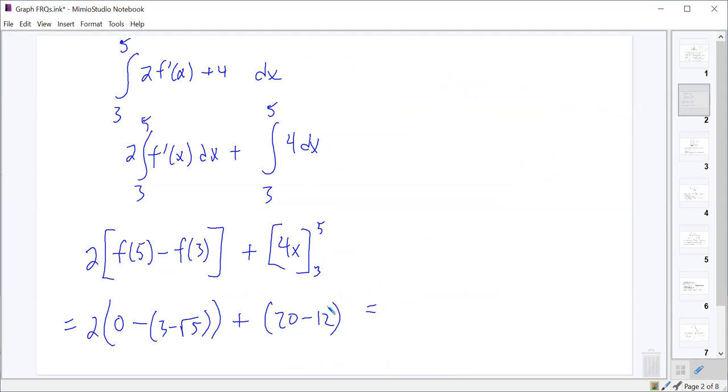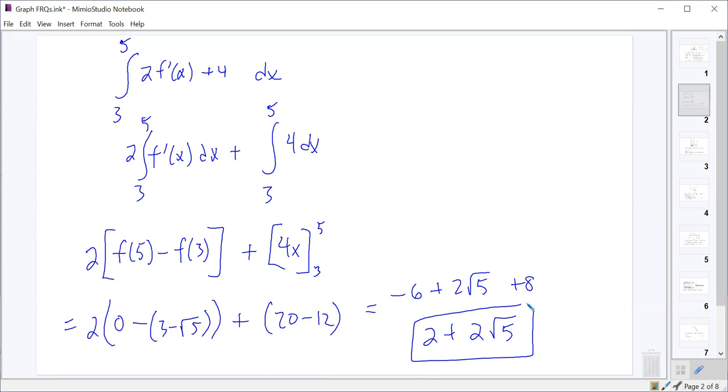So we end up with -6 plus 2 root 5 plus 8, or 2 plus 2 root 5. Everybody good with that? Cool. And that was worth 2 points, 1 for going from this to this, and 1 for the final answer.